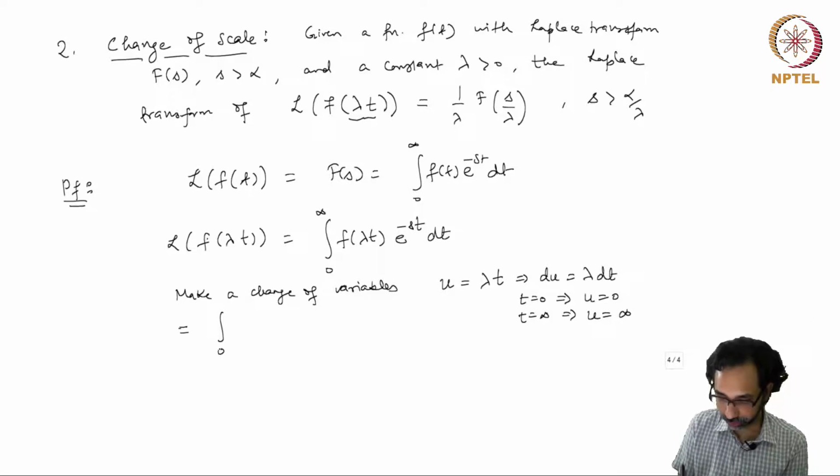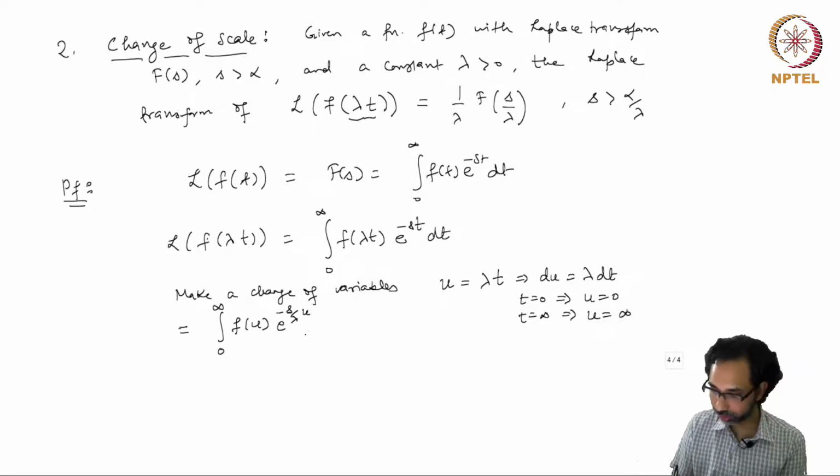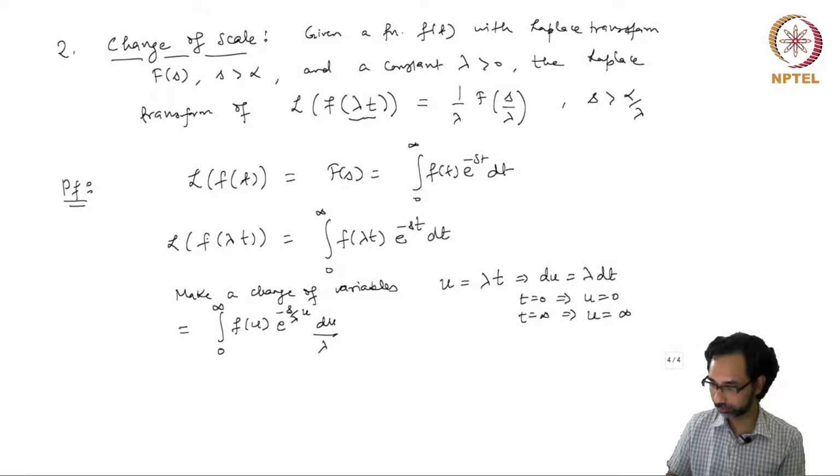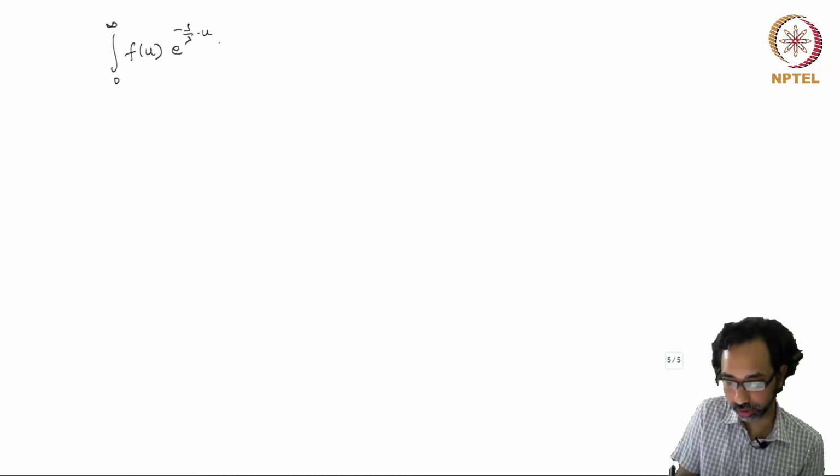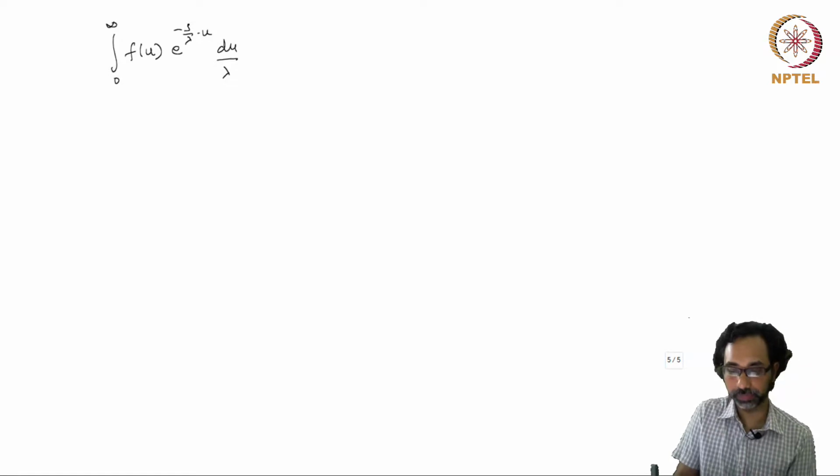So again the limits of integration are from 0 to infinity, and here you get f(u) e to the power minus s by lambda u, du by lambda. So let me write this expression again: the integral from 0 to infinity of f(u) e to the power minus s over lambda times u, du over lambda.